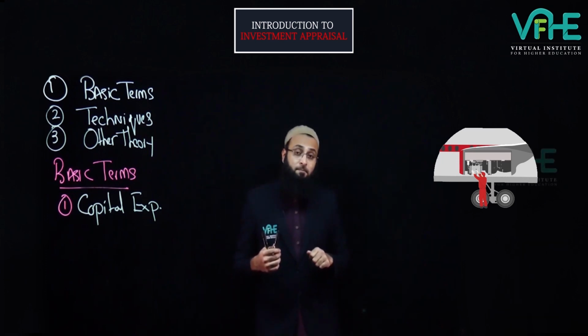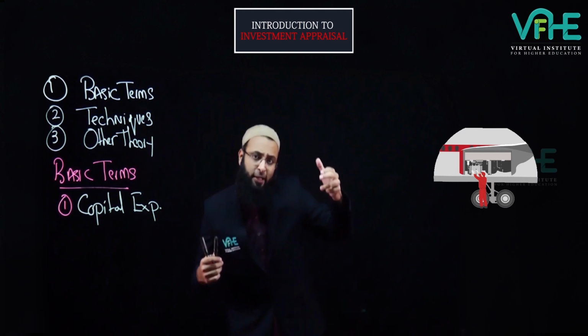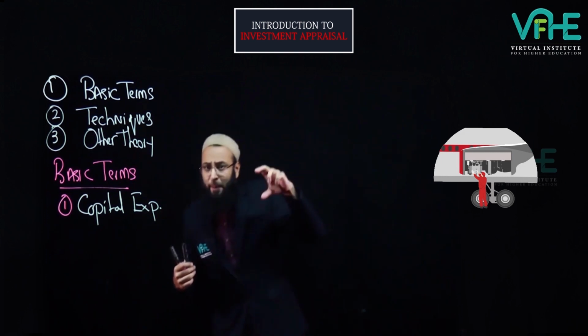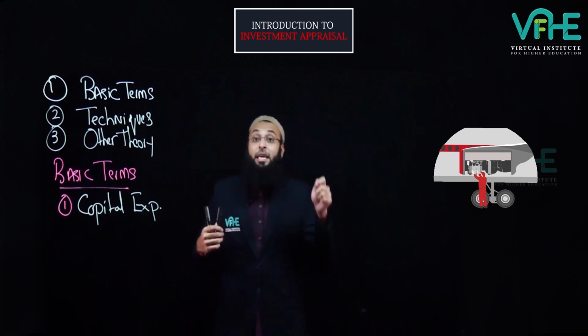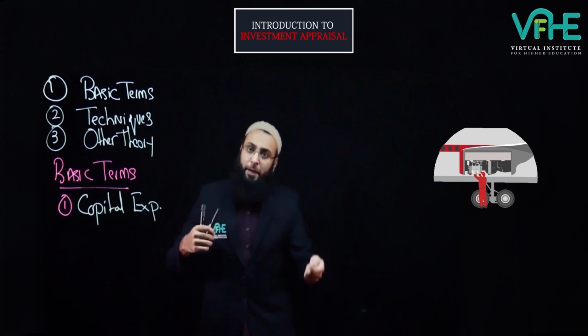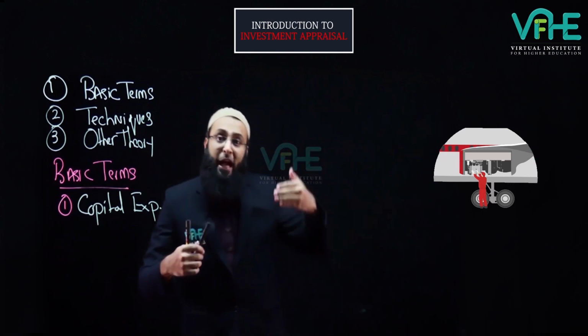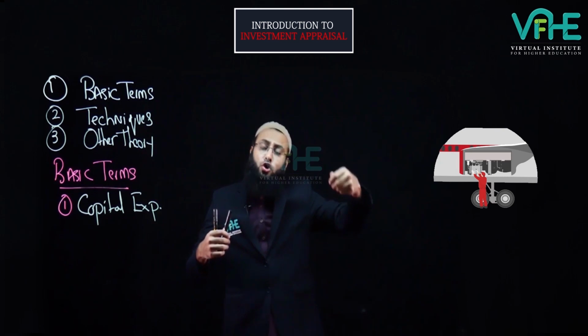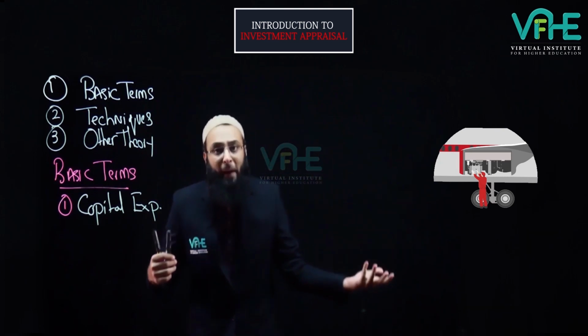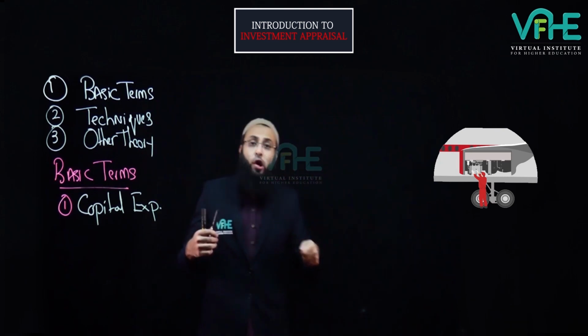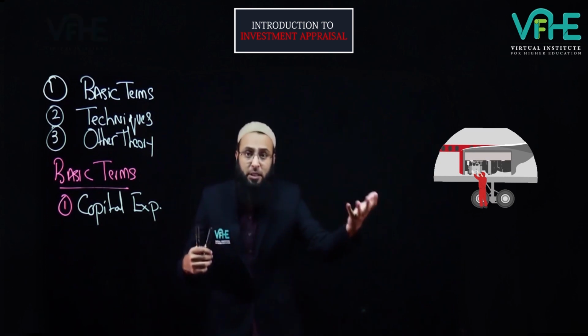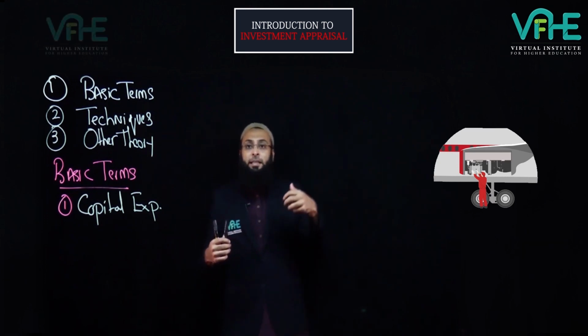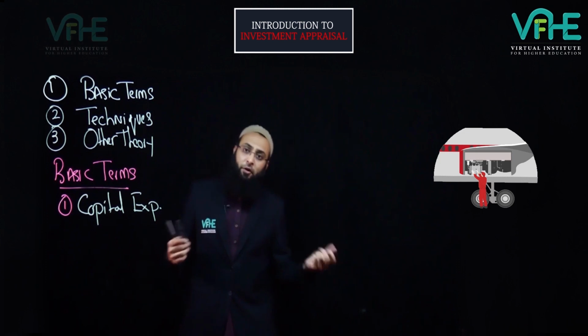So will that major overhauling be classified as capital expenditure or not? Yes, because any expense that can increase the life of the asset is also known as capital expenditure. So major overhauling will increase the performance of the plane. So this is capital expenditure.